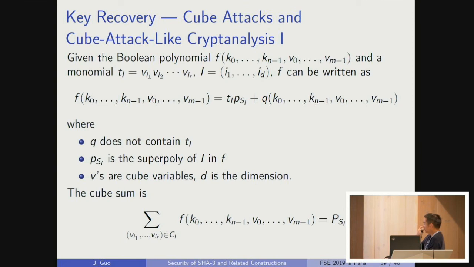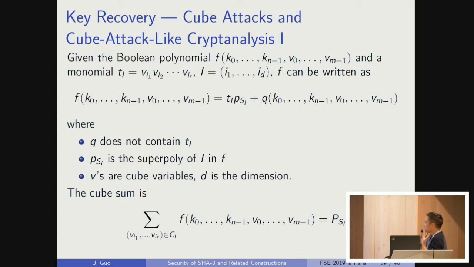The attack methods are called cube attack or cube attack-like cube analysis. I guess my colleague Ling already mentioned this on the first day, so I will just briefly describe the attack here. Given the Boolean polynomial F and the monomial Ti, where I is restricted to a subset, F can be rewritten as Ti times the superpoly of I plus some factor which is not a multiple of Ti.